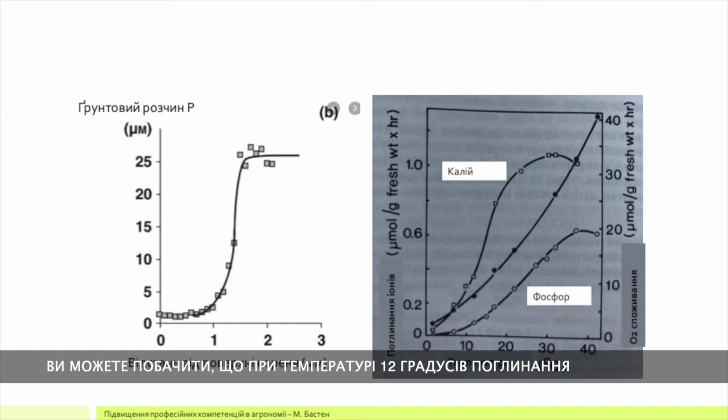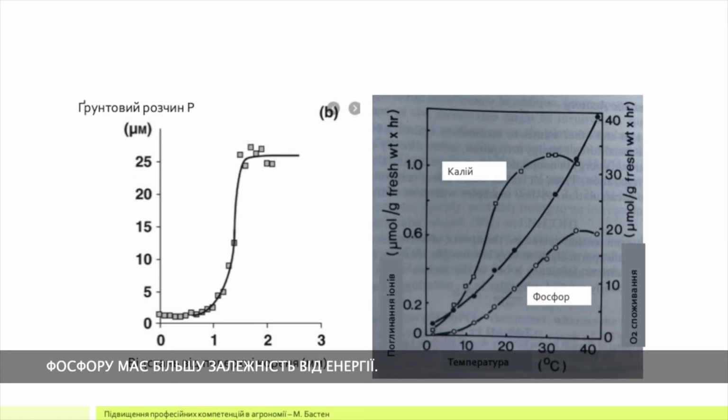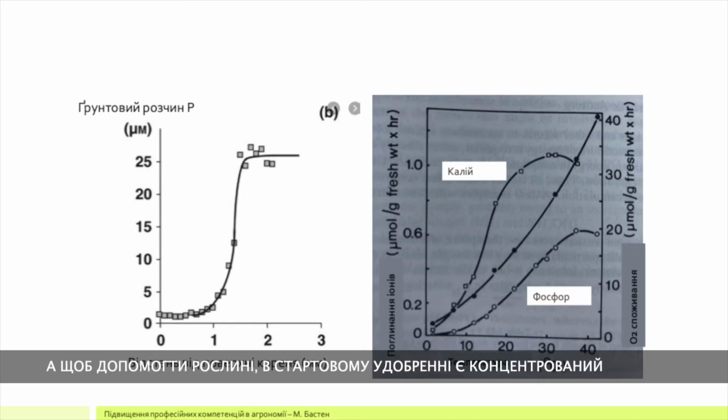But you can see that at 12 degrees, the phosphorus uptake compared to the potassium uptake is much less. This is mainly because phosphorus uptake has a higher dependency on energy. And we know that the corn crop suffers from growing, meaning providing energy to the different metabolic processes, under cold temperatures. To help the crop there, a concentrated, high supply of phosphorus in a starter fertilizer can make quite some difference.